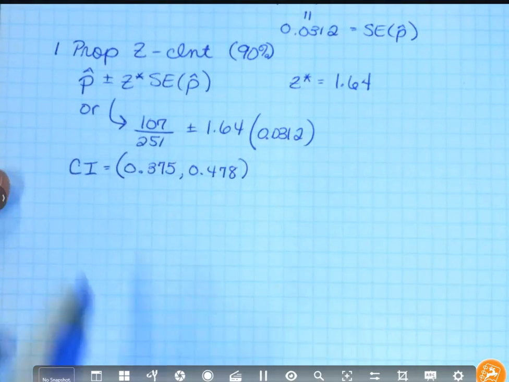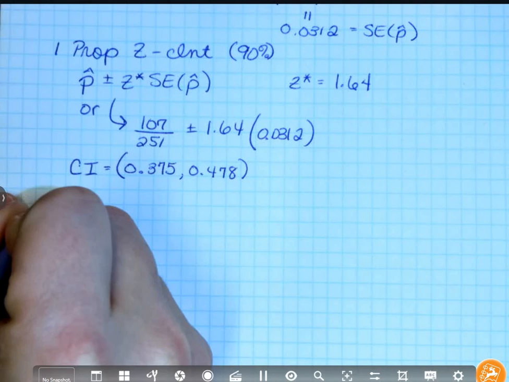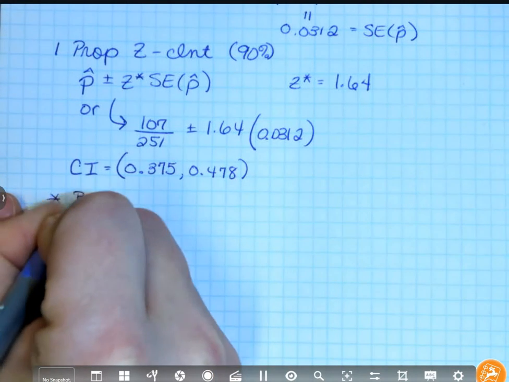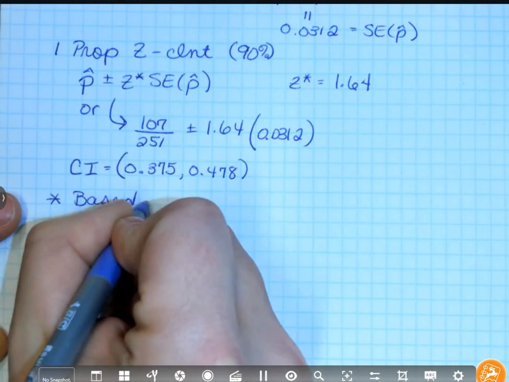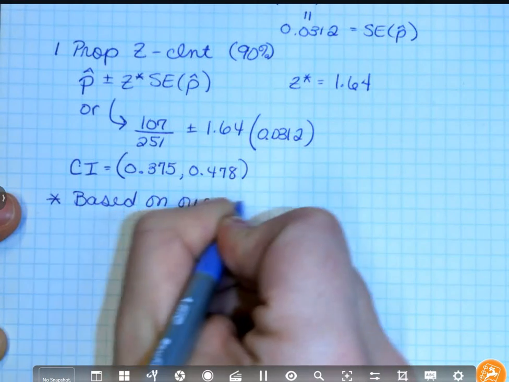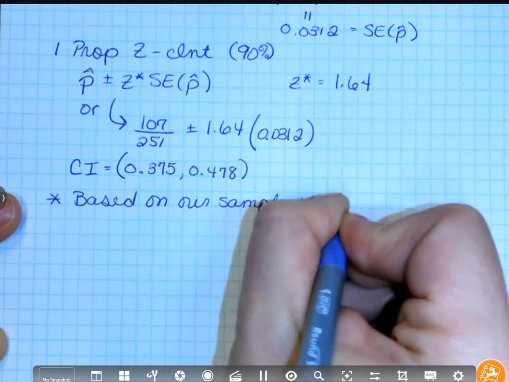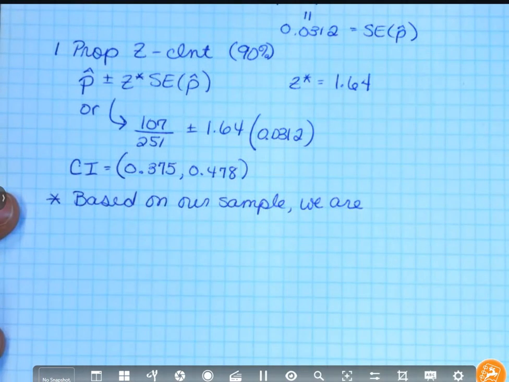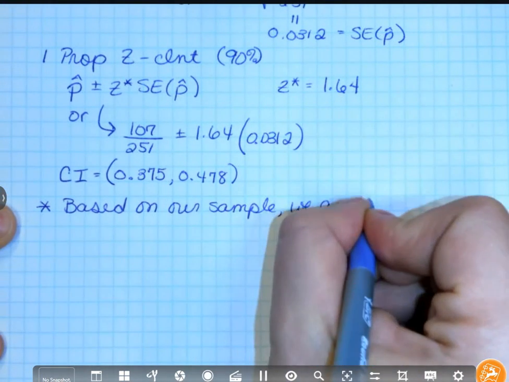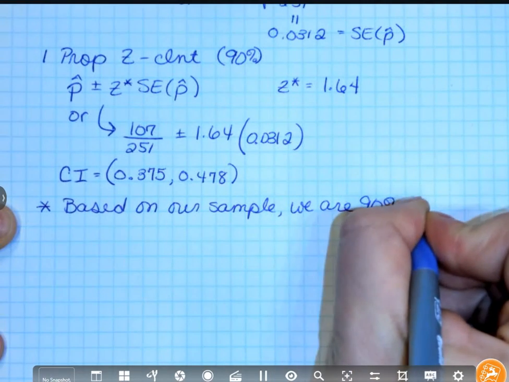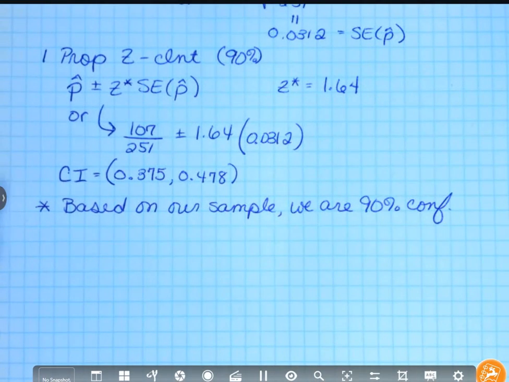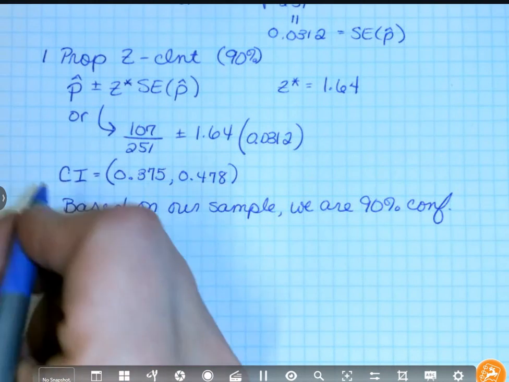I have a sentence that goes with this. Based on our sample, we are 90% confident, and you are more than welcome to abbreviate confident. We're 90% confident that what?